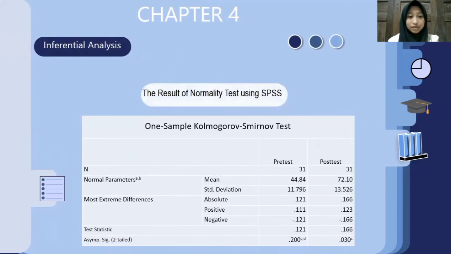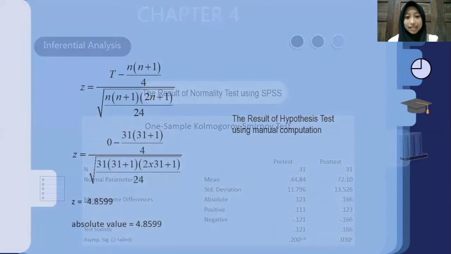Before I come to the computation of the hypothesis, I did the test of normality and the result is that the data has an abnormal distribution. Because the data was abnormally distributed, I used non-parametric statistics.